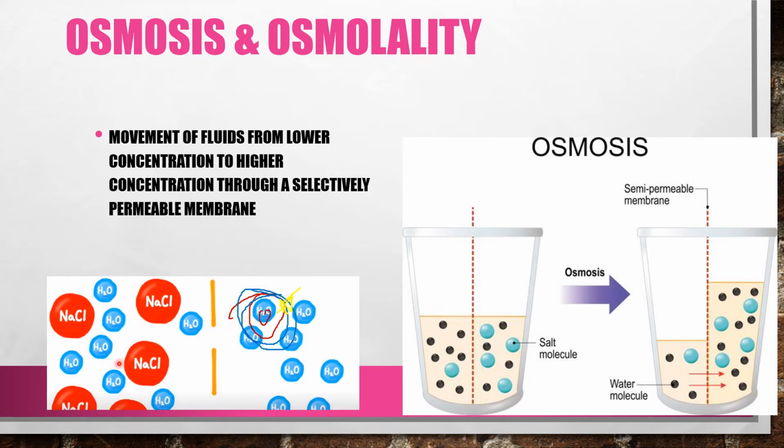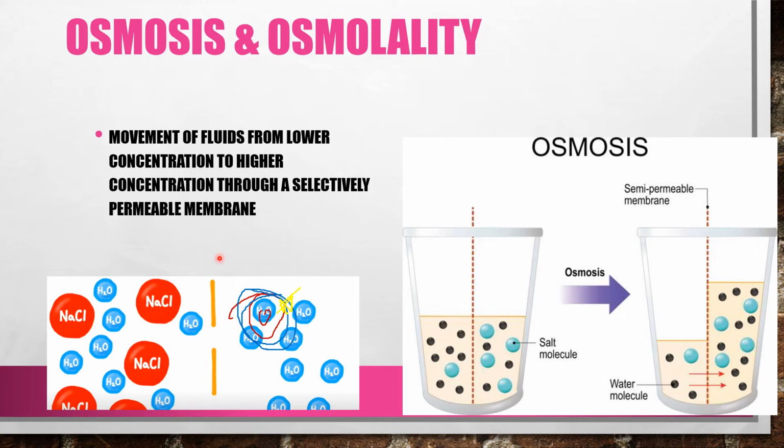For example, here they have given water and salt, that is sodium chloride. Here the water content is moving through the selectively permeable membrane. The salt content, that is high concentration, is not moving. So that is the difference. I hope you understand.